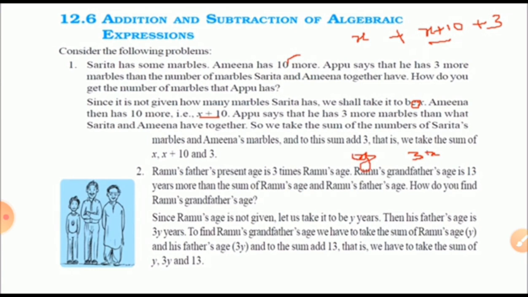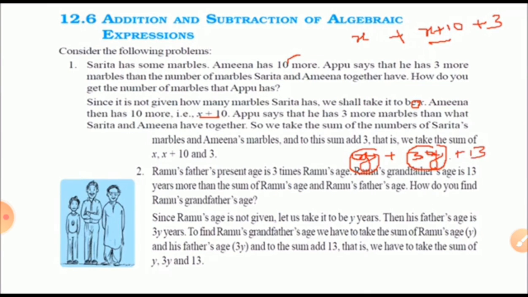Look at the second one. Ramu's father's present age is 3 times Ramu's age. So suppose Ramu's age is y years, so his father is 3y.